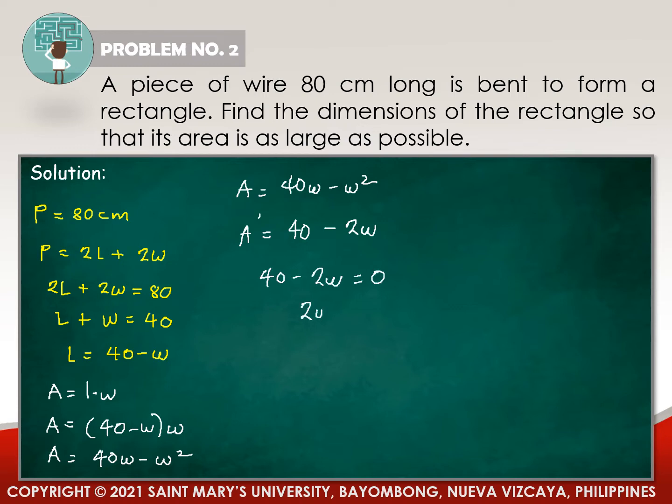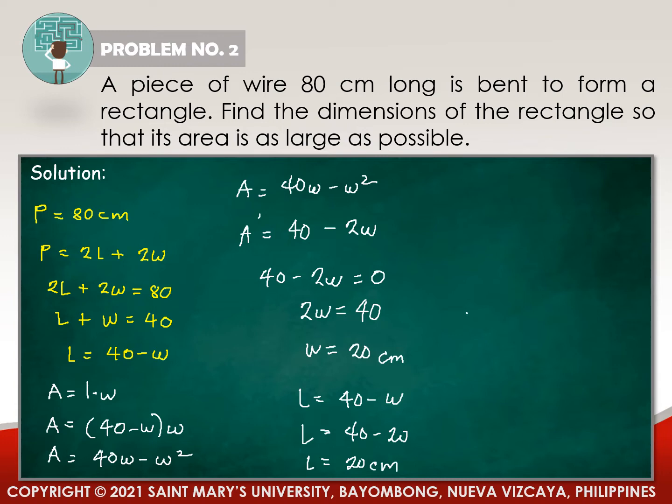Therefore, we have 2W equals 40. So dividing both sides by 2, 40 divided by 2 is 20. So therefore, our W or width is 20 centimeters. And the length will be equal to 40 minus W, which is equal to 40 minus 20, and that is also 20 centimeters.